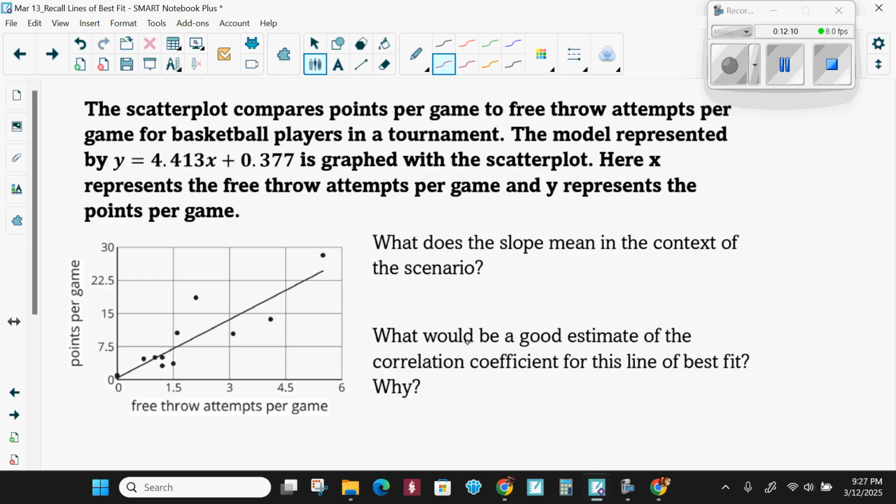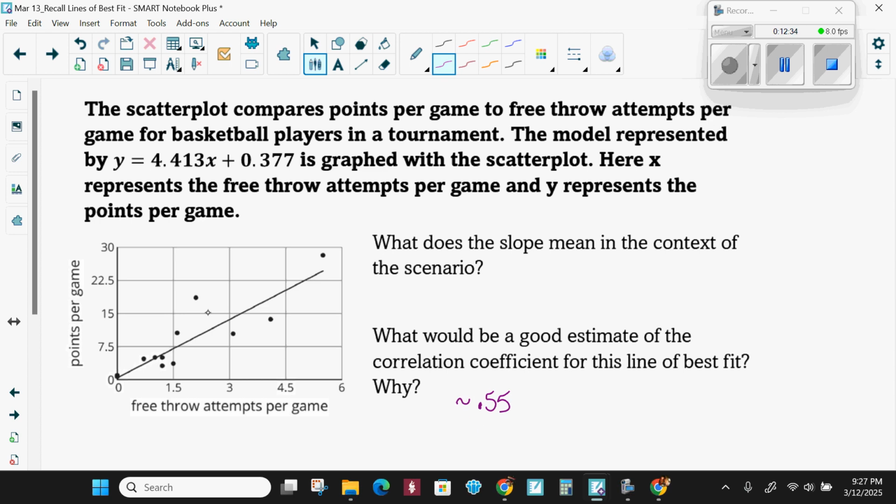What would be a good estimate of the correlation coefficient for this line of best fit? Well, they're clustered down here, but out here they get a little spread apart. I would say approximately 0.55.